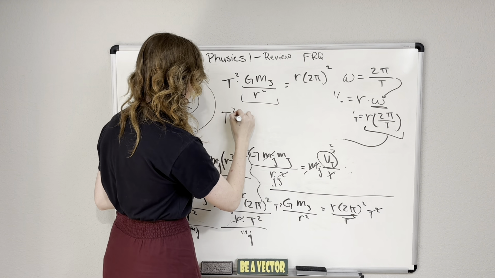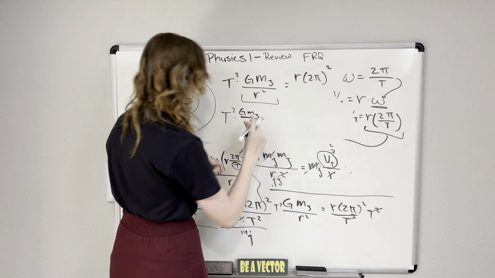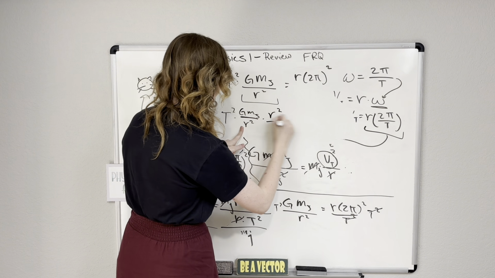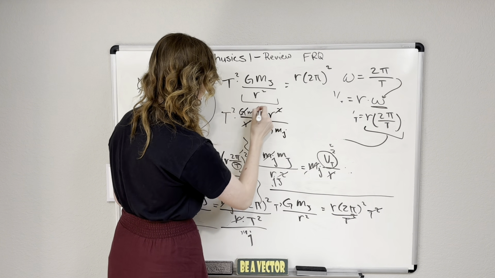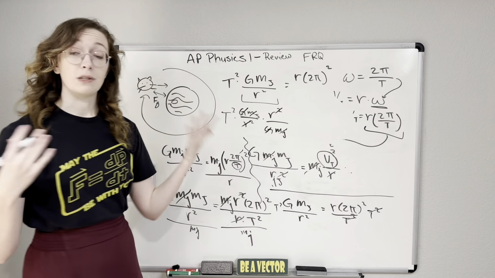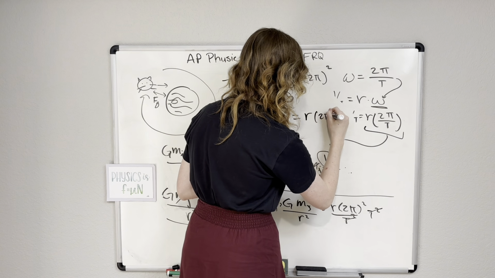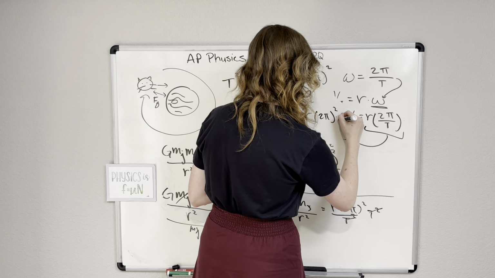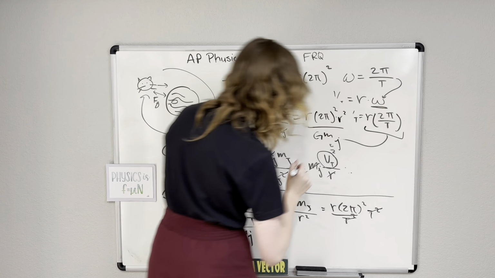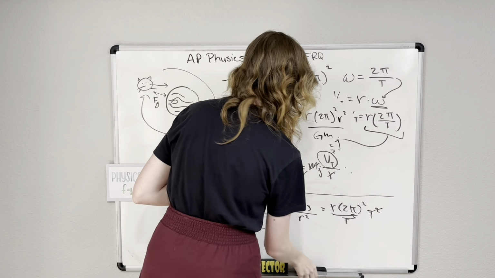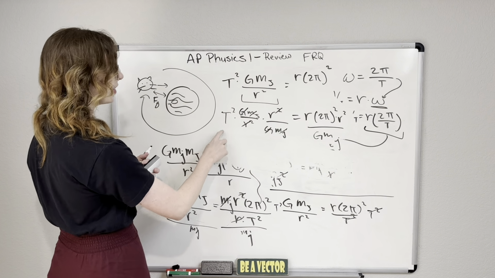So I've got t squared times g mj over r squared, and then I'm going to multiply by this upside down, so times r squared over g mj, so my g's cancel, my r's cancel, my mj's cancel, but if I do it to one side of my equation, I have to do it to my other. So this is r times 2 pi squared times r squared over g mj. And then if I go down to my next step, I will notice that all that I have left on this side is t squared.